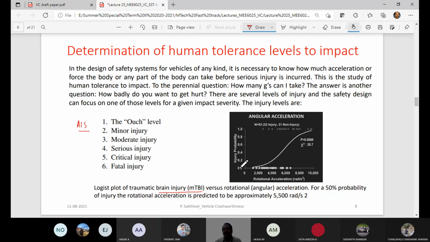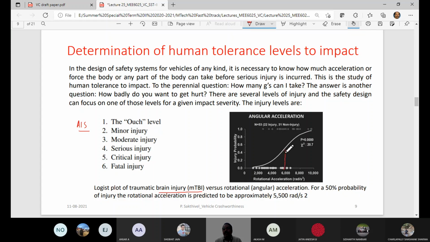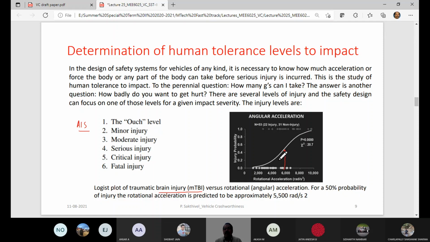So this graph shows injury probability as a function of rotational acceleration, measured in the head with the help of an accelerometer in the test. So this angular acceleration level of 5,500 radians per second squared would create a 50% injury probability, and that injury is what is called traumatic brain injury.